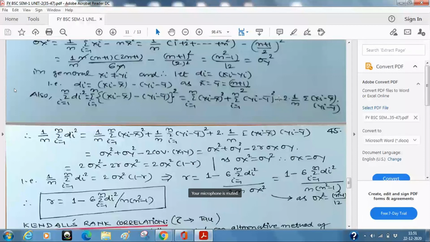So this is a, this is b. Now we divide by n on both the sides, left hand side as well as the right hand side. If I divide it by n, it will become 1 upon n summation over i is equal to 1 to n di square is equal to first term 1 upon n summation i is equal to 1 to n (xi minus x bar) square.